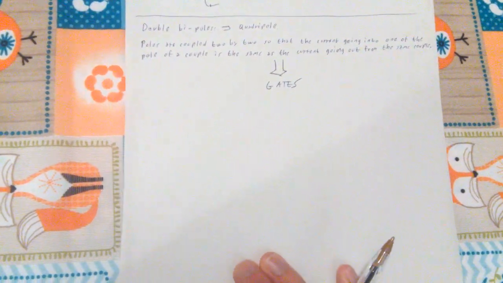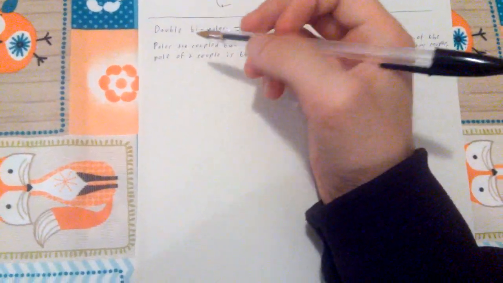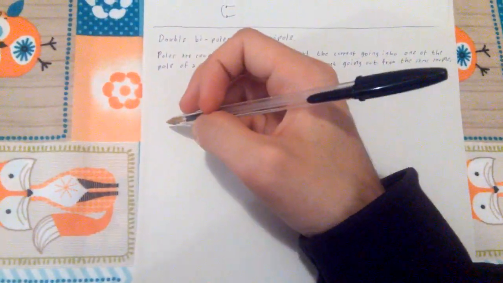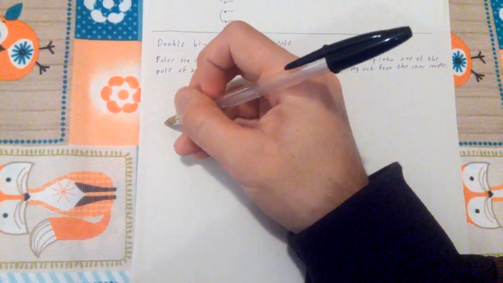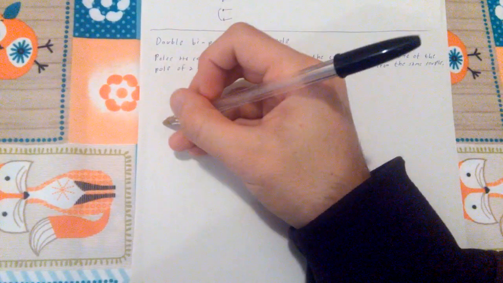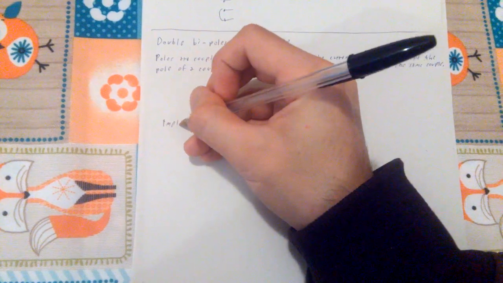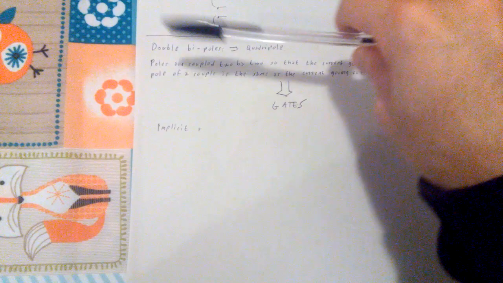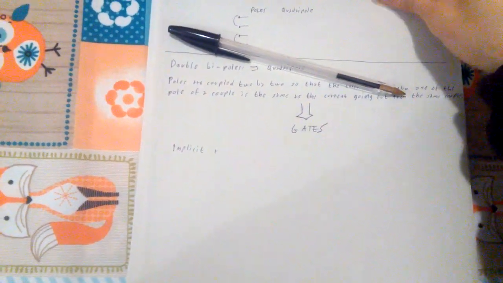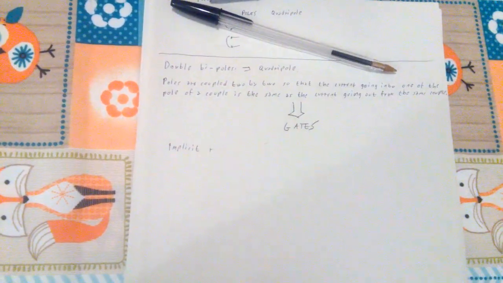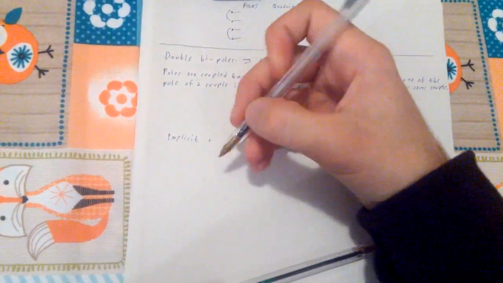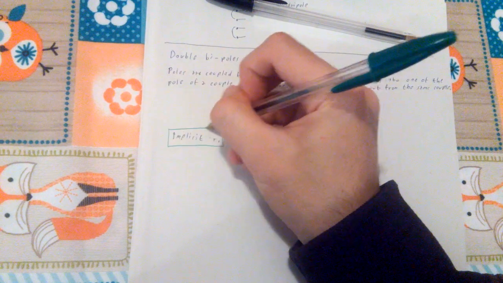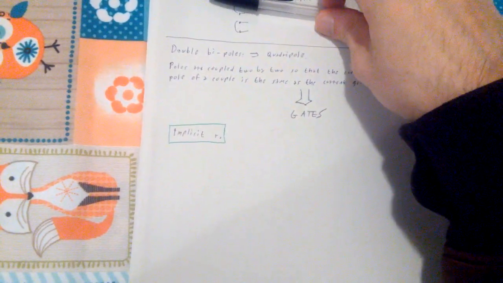Now, let's clarify this a bit, because I do understand that the way I described it is kind of a mess. So let's just divide those into implicit, which is the implicit representation, and then the explicit representation.